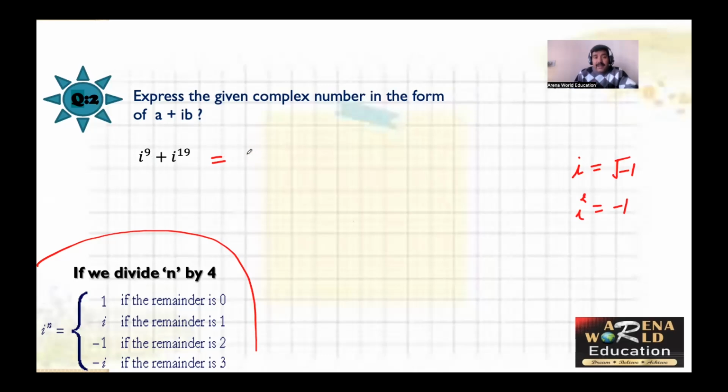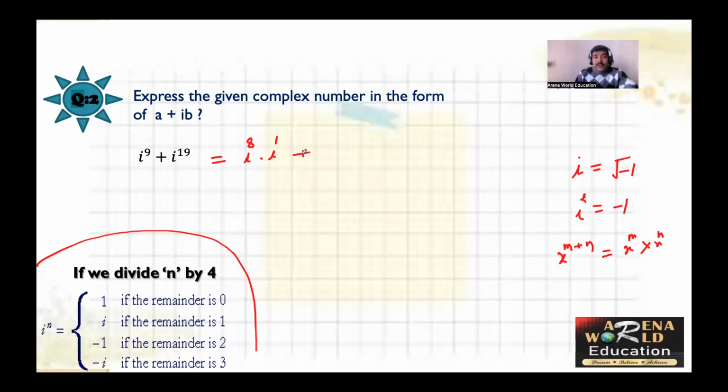But we can write iota raised to power 9 as iota raised to power 8 into iota raised to power 1. Because we have one rule: x raised to power m plus n can be written as x raised to power m into x raised to power n, right? So iota raised to power 9 can be written as iota raised to power 8 into iota raised to power 1.